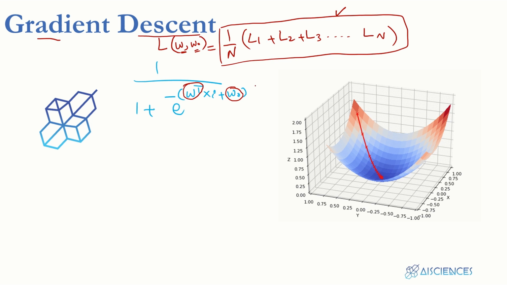What you do is you start from any random W, and you think that that is the best W at the time. But then you compute the gradient of the loss, which tells you the best next direction to move in, and you take a step in that direction.